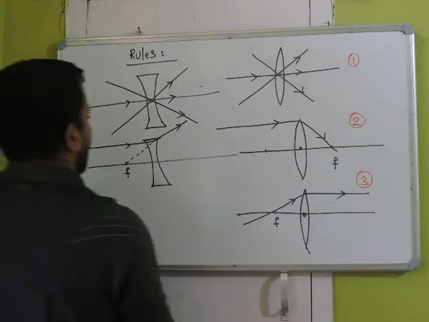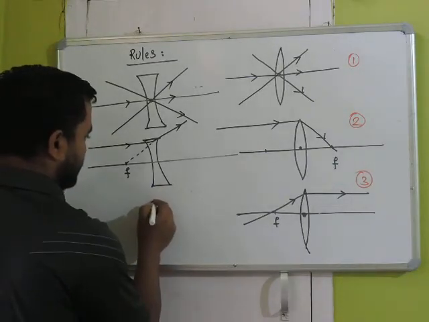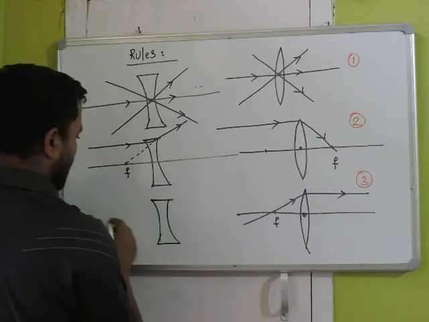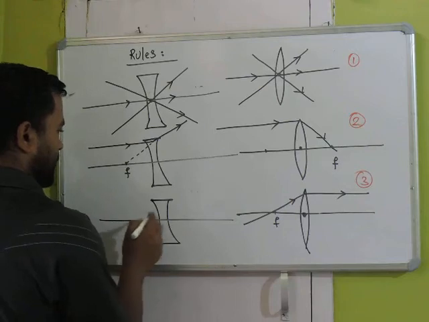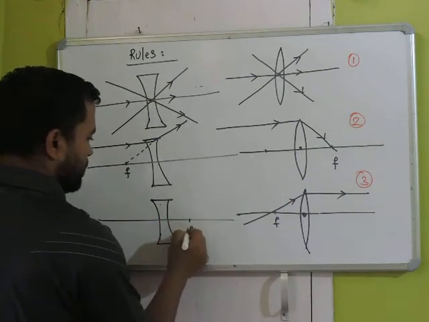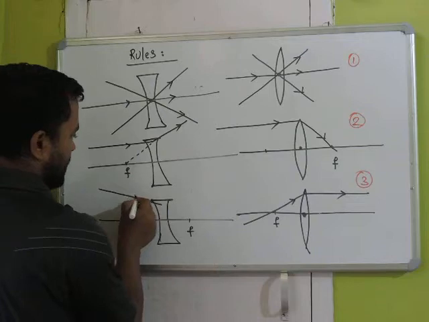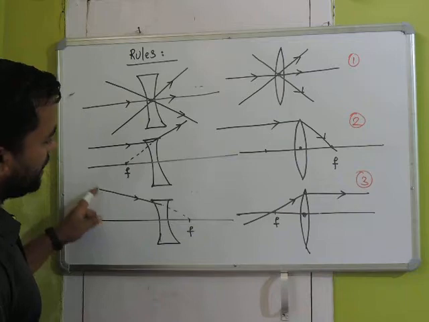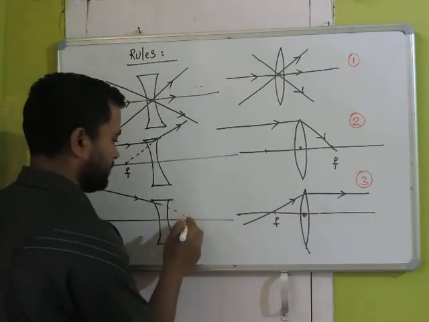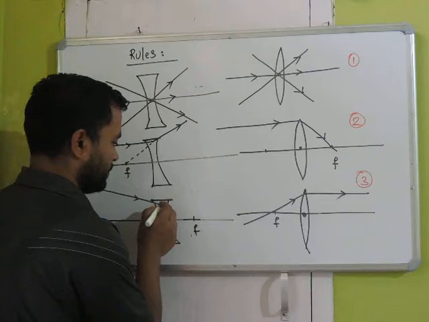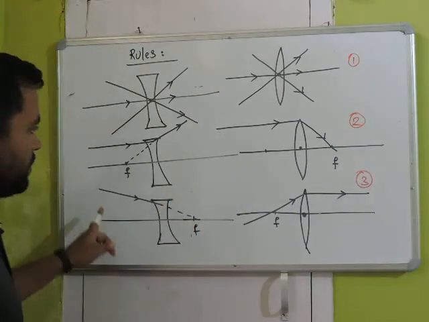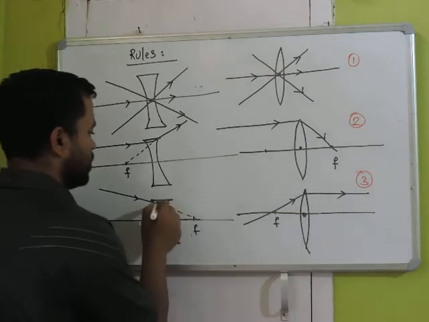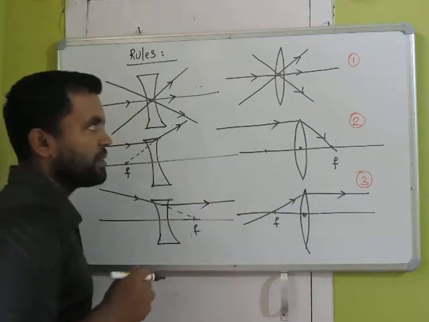And third, suppose this is the focus, and if the ray is directed towards the focus, then after refraction it will appear to be moving parallel to the principal axis.